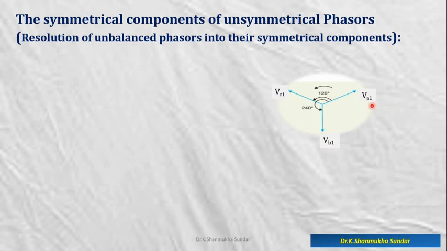In the previous session we took the sequence as RYB. Anyway, here we are taking it as ABC. Either RYB or ABC you can take as a notation. So here VA1, VB1 and VC1. The phase sequence is ABC, so this is the positive sequence component.